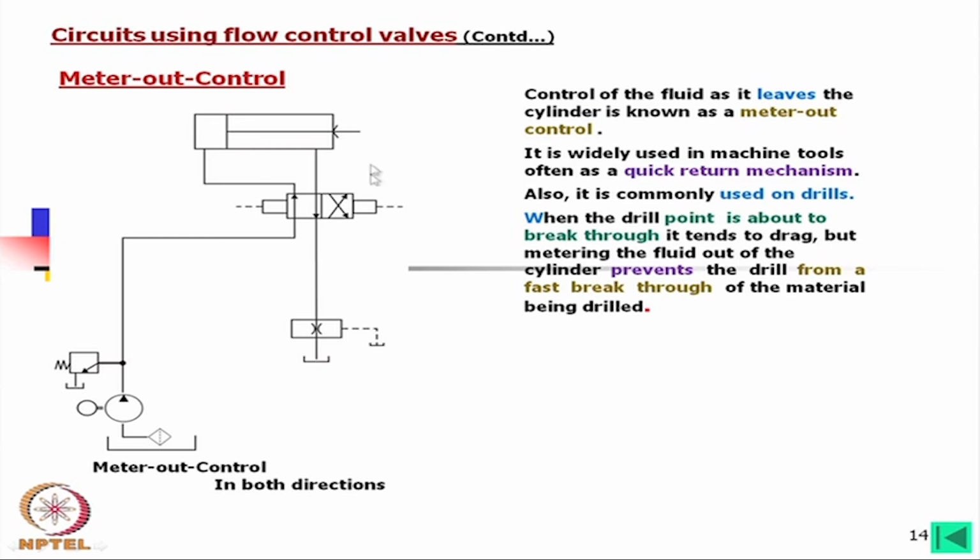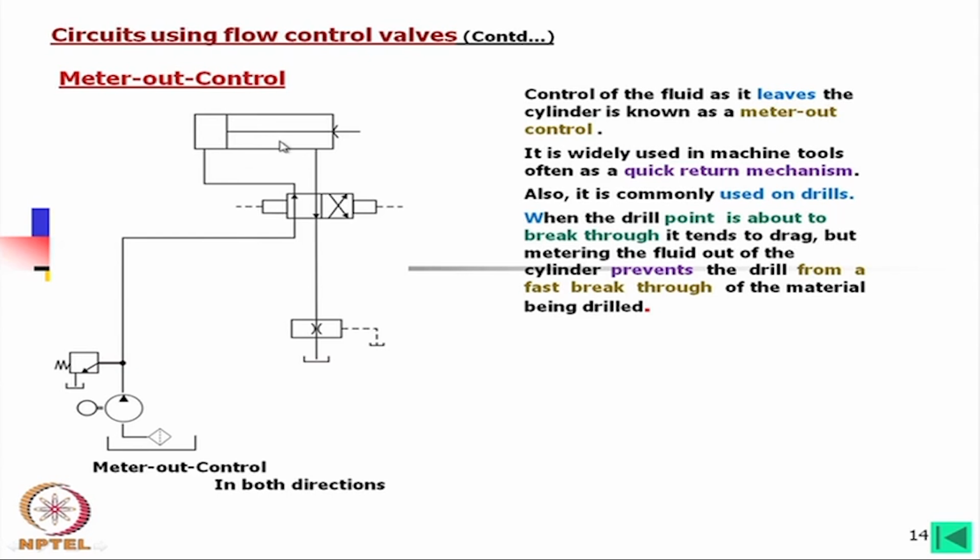That means this is not for the rotation of the drill, rather the feeding of the drill. Now, this is controlling the force, but still it is moving in the forward direction, not applying much force, only the required force. Suppose it requires more force, then this will be controlled in such a way that there will be a pressure difference and the force will drive the drill to pass through.